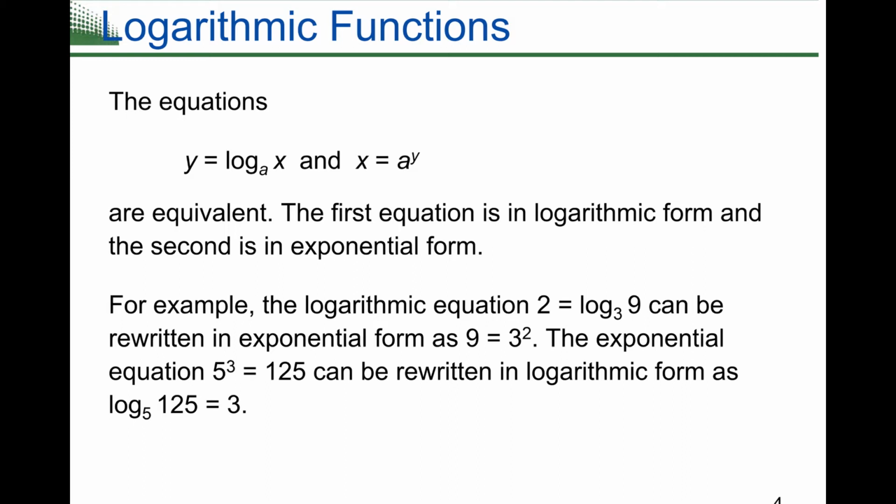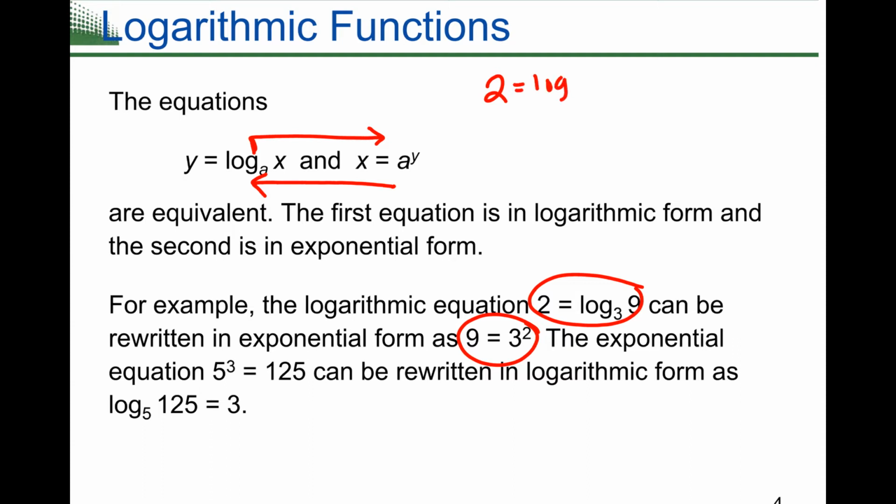This is a skill that we're going to learn on how to start with a log and go to an exponent, and start with an exponent and go to a log. For example, the logarithmic equation 2 equals log base 3 of 9 can be rewritten as 9 equal to 3 squared. Here's how we can do this. If you take 2 equal to log base 3 of 9, here's how you can translate it.